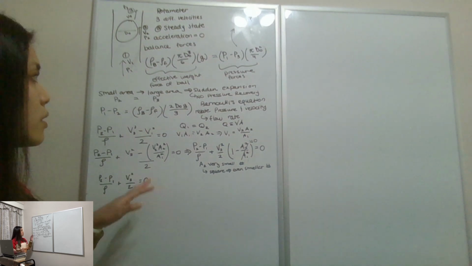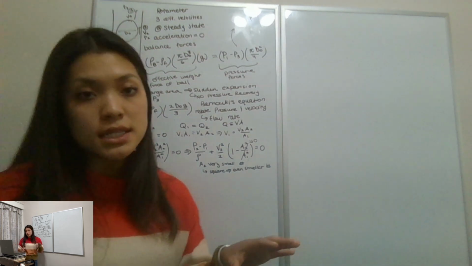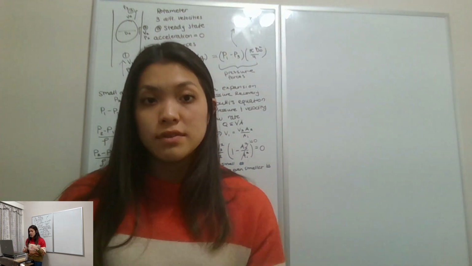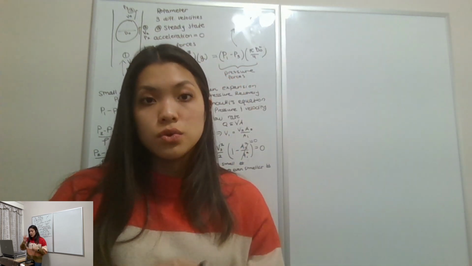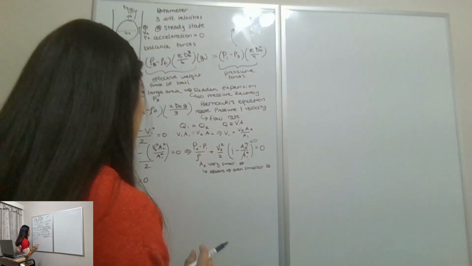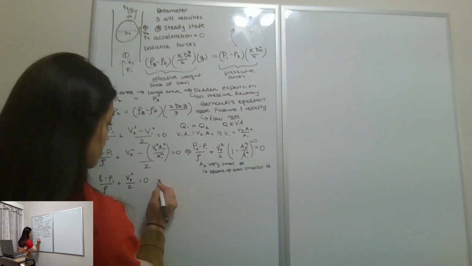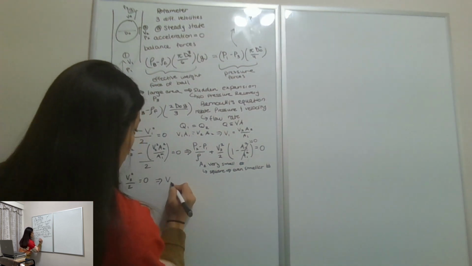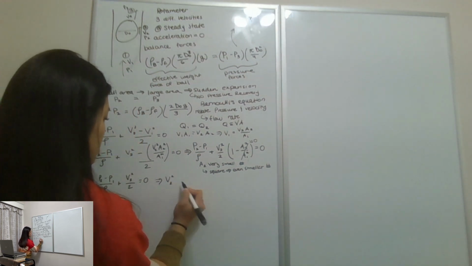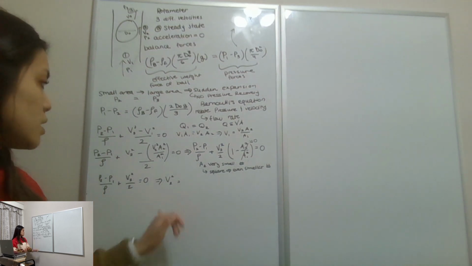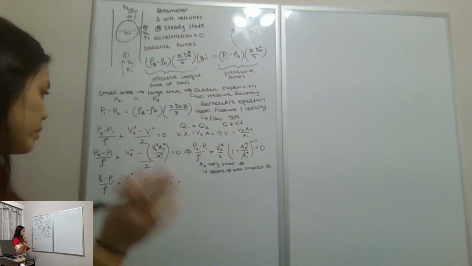So again, we want the velocity isolated because once we isolate velocity, we can use it to calculate the flow rate. And so if we were to isolate velocity at position 2 squared, we'll have velocity at position 2 squared equals, to bring this term to the other side, we can either make it negative or we can switch the pressure.